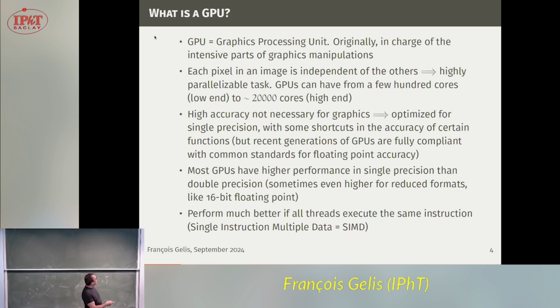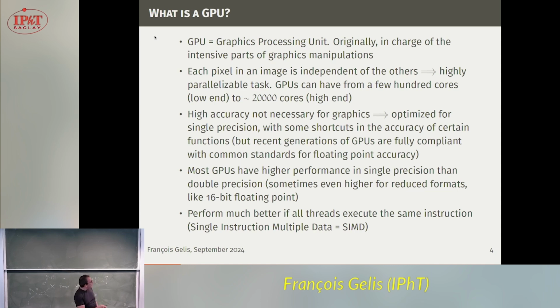And so the number of computing cores in a GPU goes from a few hundreds. I have one in my laptop, for instance, and I think it has around 700 cores. And if you look into the very high-end GPUs, they can have very close to 20,000 computing cores.